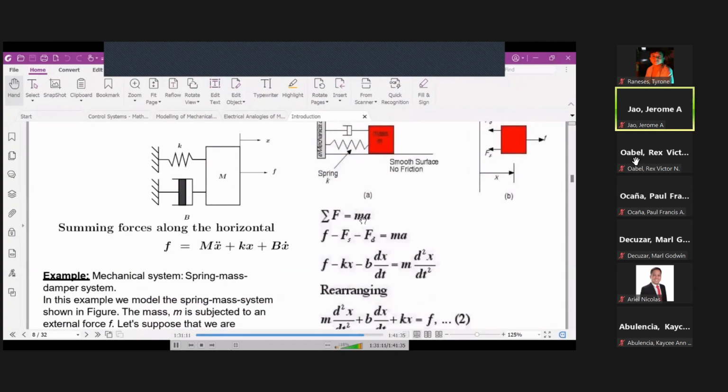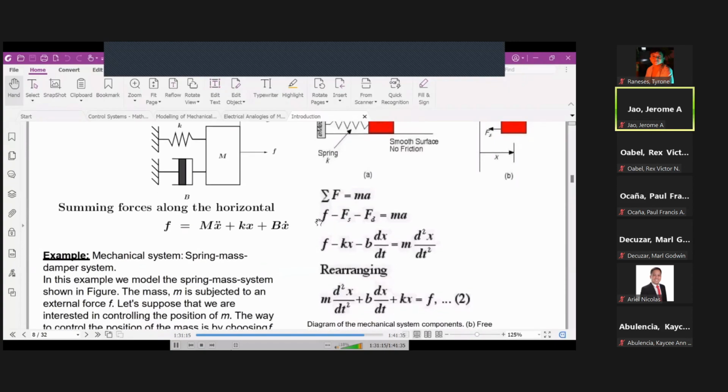As you can see, when we write it into a mathematical model, you have the summation of force is equivalent to mass times acceleration, which is equivalent to what? Your F or the applied force minus the force on your spring minus force in your damper. Actually, ito ay minus force in your what? Mass, which is mass times acceleration, which is equivalent to 0. So, inire-write lang niya ng ganito.